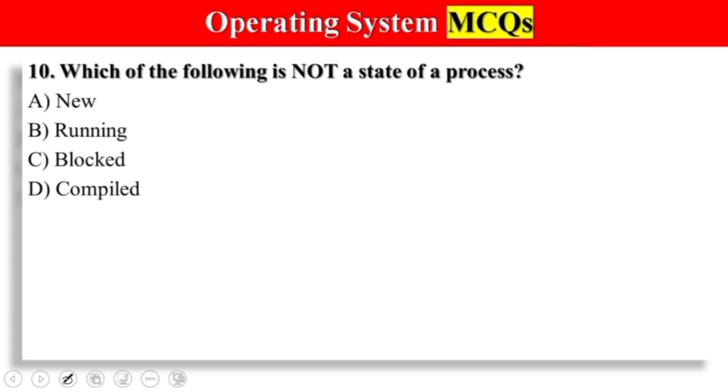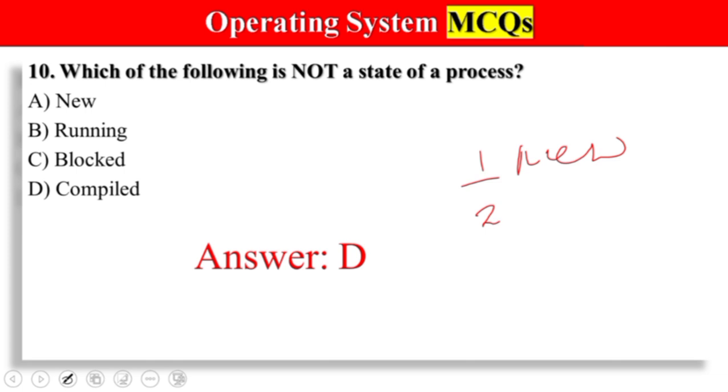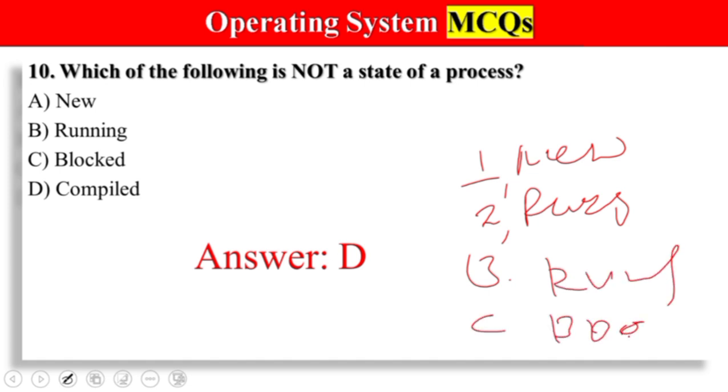The correct answer is D, compile. The states of a process are new, ready, running, and blocked. These are the states of the process. So compile is not a state of the process.